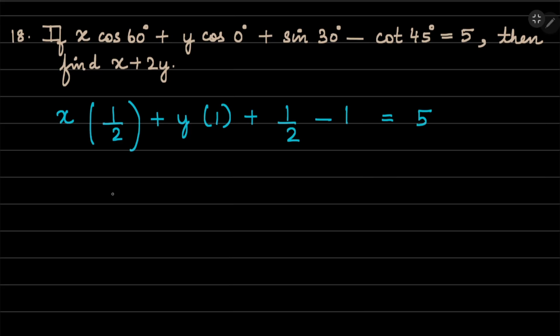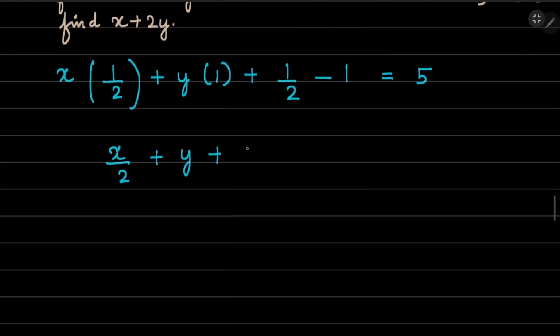Let's just solve it. So you have x by 2 plus y plus, 1 by 2 minus 1, which is again minus 1 by 2. So let me just write it directly: minus 1 by 2 is equal to 5.